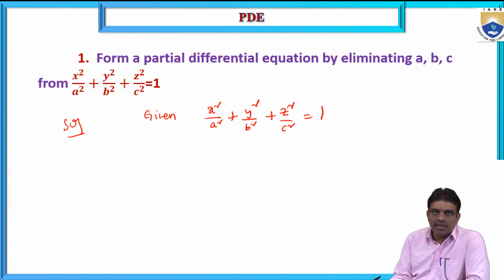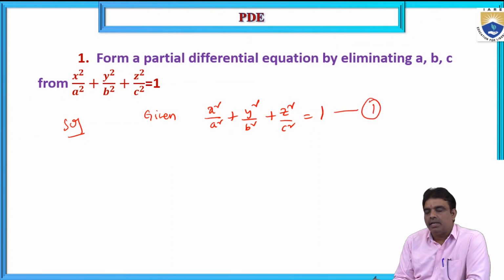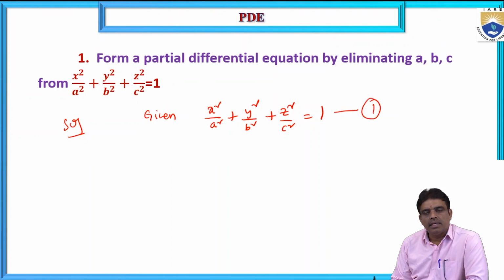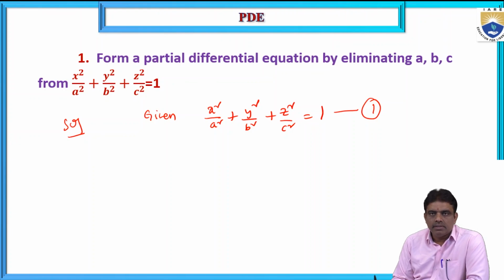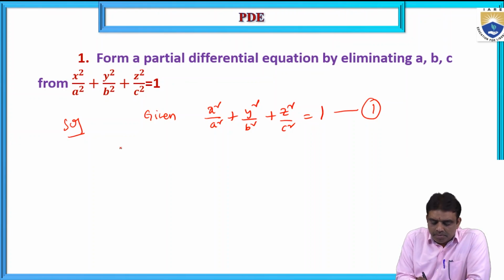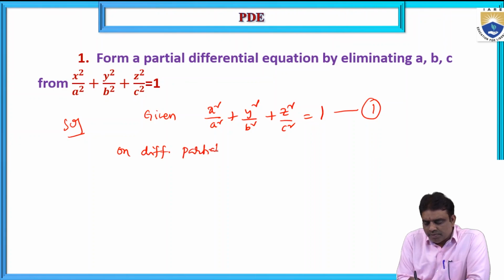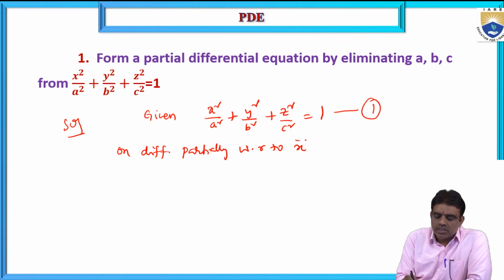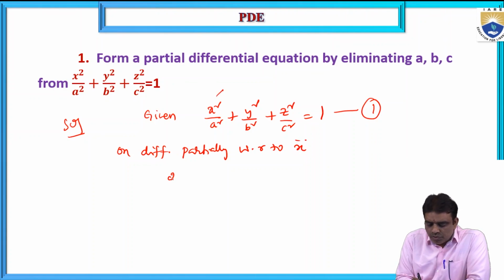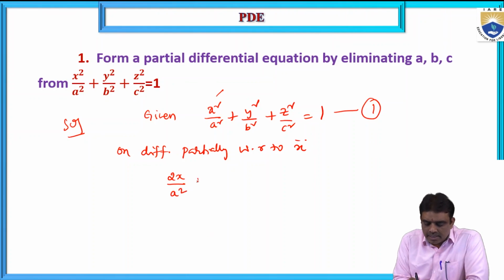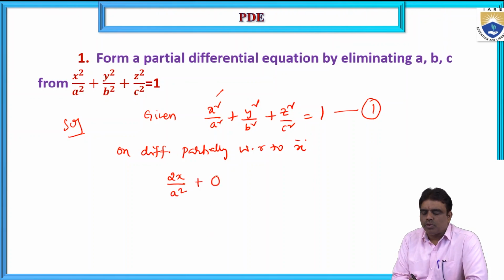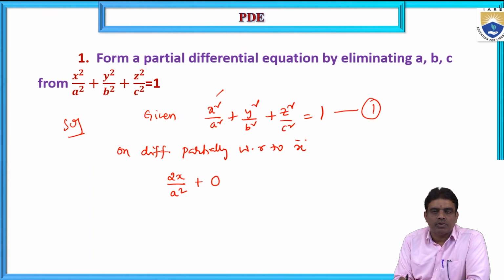For that, I differentiate the given equation number 1 with respect to x as well as with respect to y. First, on differentiating partially with respect to x. So this is the x term. We will get 2x by a square, and the second term is a pure constant when we are doing it with respect to x.